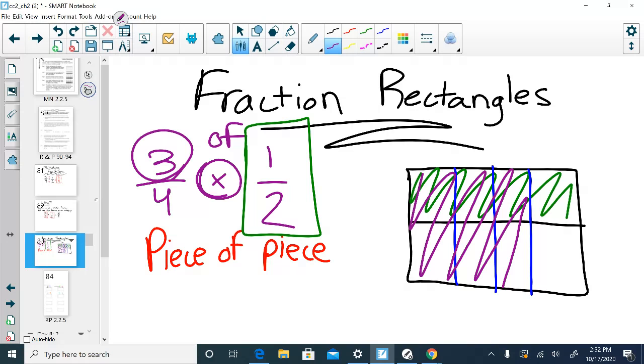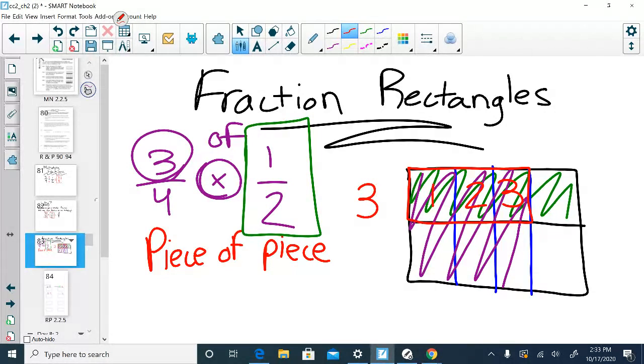And now we need to look at where our colors overlap. So where do my green and purples overlap? And we'll find right here that it's these three squares inside of a rectangle. So 1, 2, 3 pieces would be how many we have eaten of this candy bar.